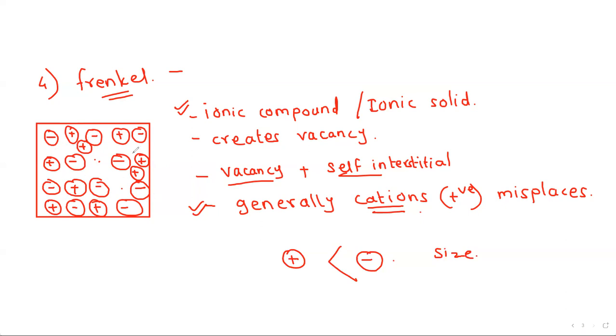This defect is nothing but vacancy as well as self-interstitial. So this is an example of a vacancy defect as well as a self-interstitial defect. There is both vacancy and self-interstitial in a single defect. Okay, so this was about the Frenkel defect.